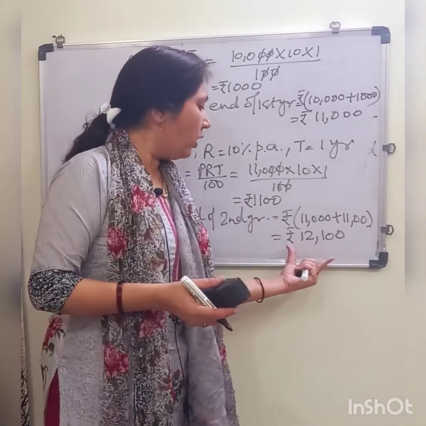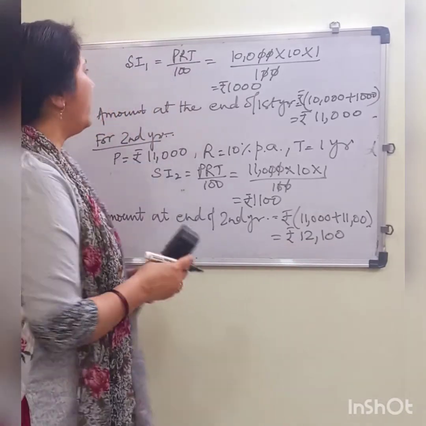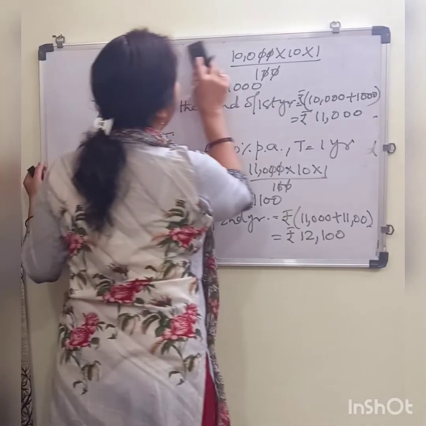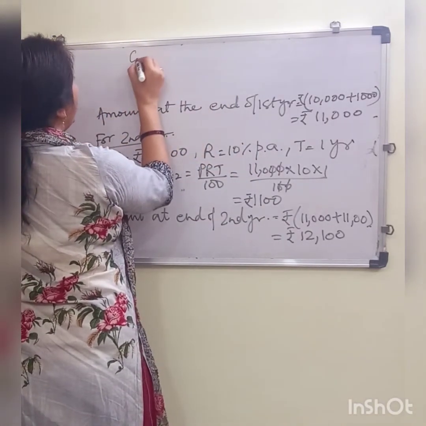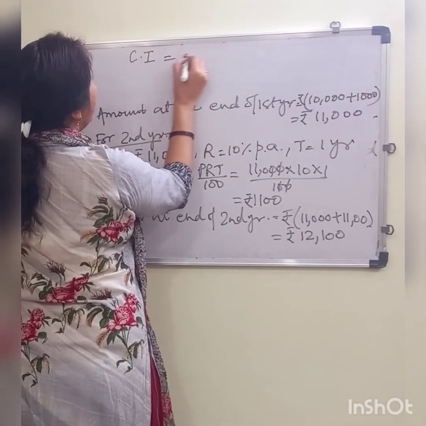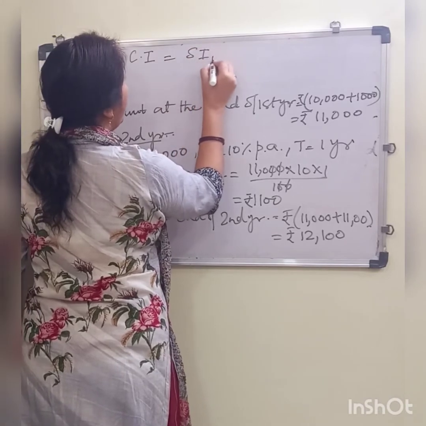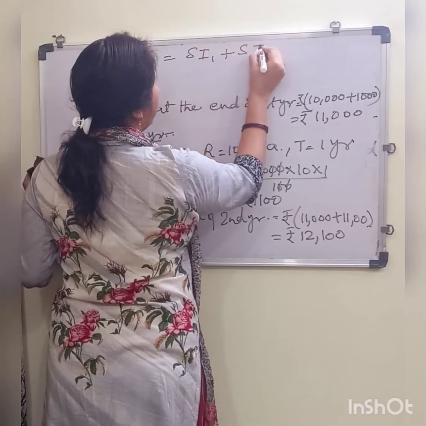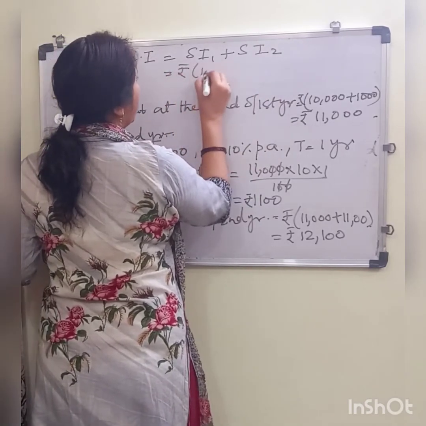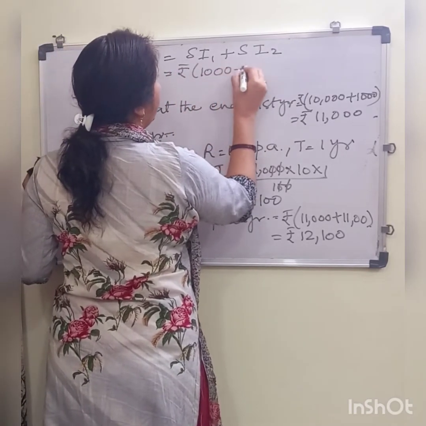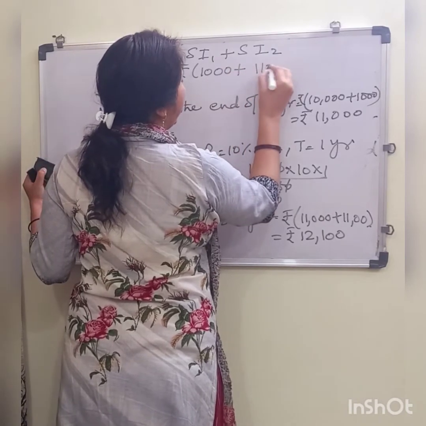Now this is your amount. When you have to calculate compound interest, children, it is equals to the sum of the two interests, SI1 plus SI2, that is rupees 1000 plus 1100.